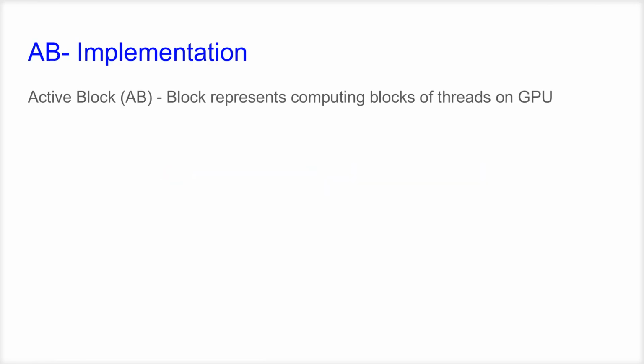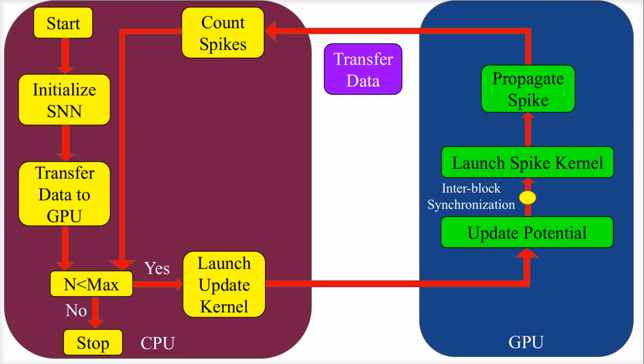The proposed approaches are meant to reduce these bottlenecks. The active block approach is based on the number of computing blocks available on the GPU. Here we launch a number of active, persistent computing blocks, and the spike kernel which was launched from the CPU side in the N and S algorithm is transferred to the GPU.